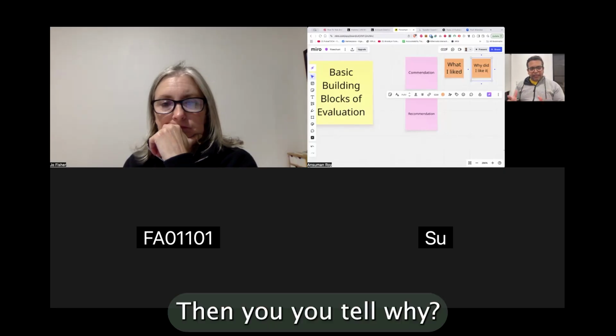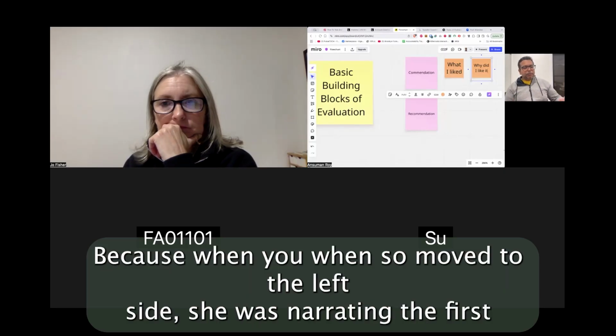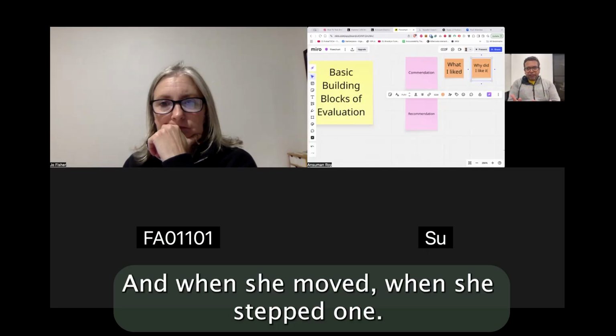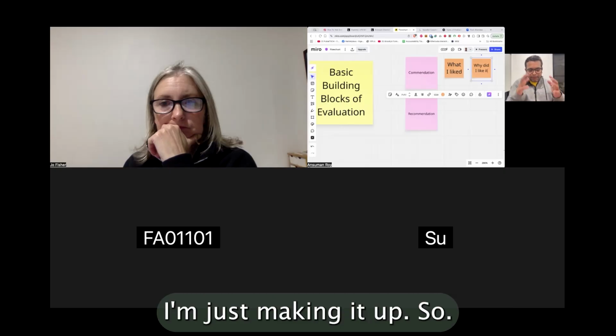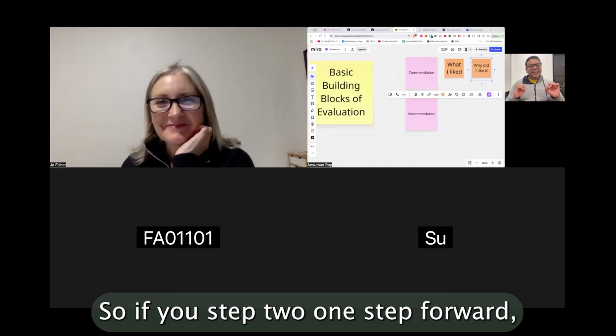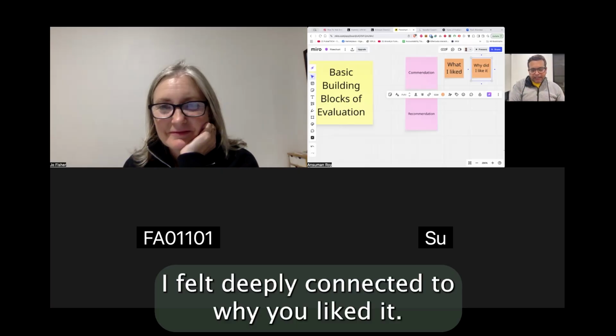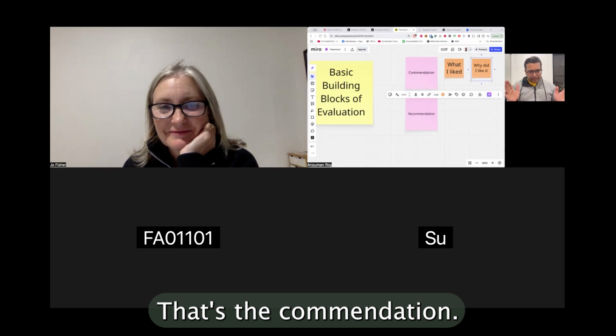Then you tell why, because when Sue moved to the left side, she was narrating the first narrative, and when she stepped one, I'm just making it up, if you stepped one step forward, I felt deeply connected. So that's it. That's the commendation.